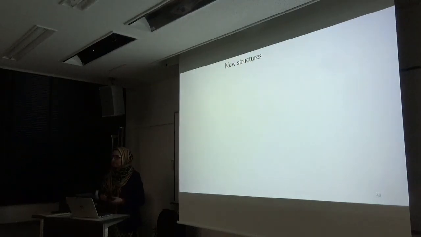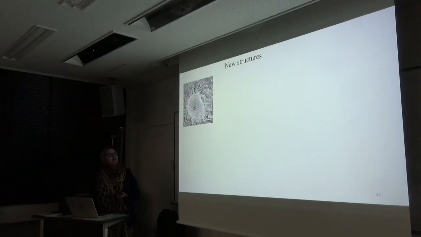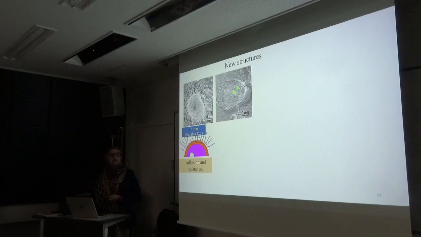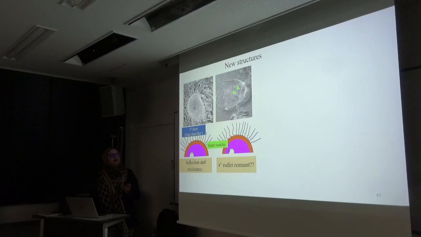So until now, my conclusion was that with the help of quick freeze I could see many new structures. For example, I could see the native structure of the crust layer, and probably its function is adhesion and resistance for the spore. Then I could see some outer vesicles, indicated with this green triangle, just outside the core membrane.